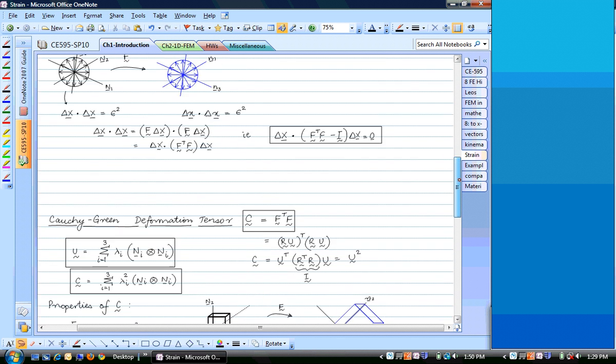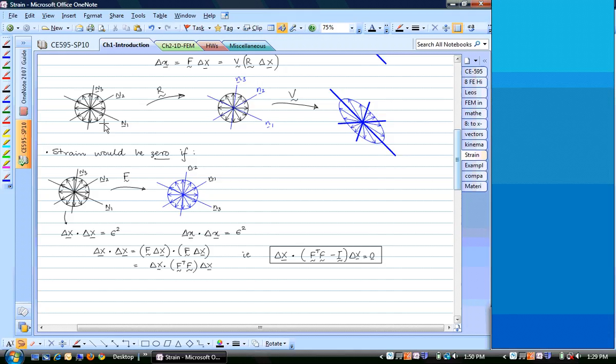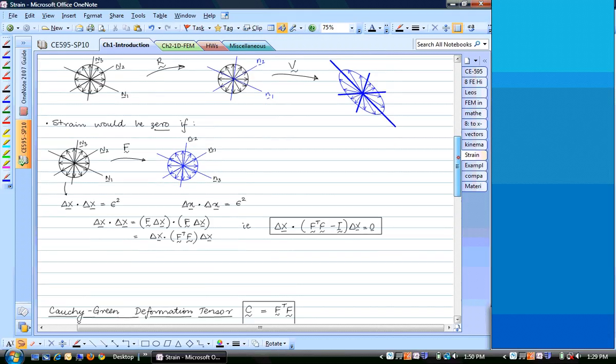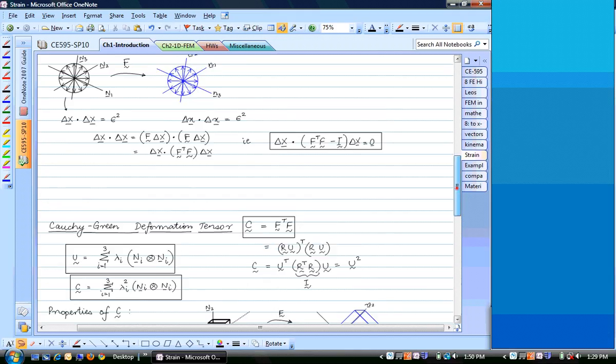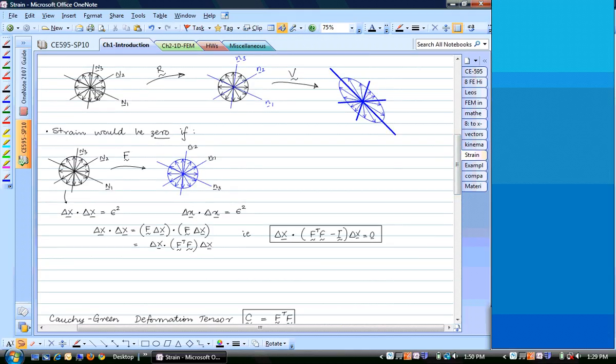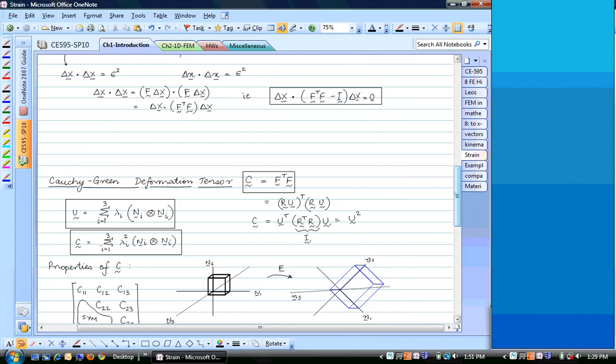So again, if you take a look at this, let's say N_i, this big N_i, is one of the principal stretch directions. So what U is going to do is take this unit vector along N1 and stretch it by lambda 1. Similarly, it is going to take N2 and stretch it by lambda 2, N3 and stretch it by lambda 3. So that's the only effect that this U has.